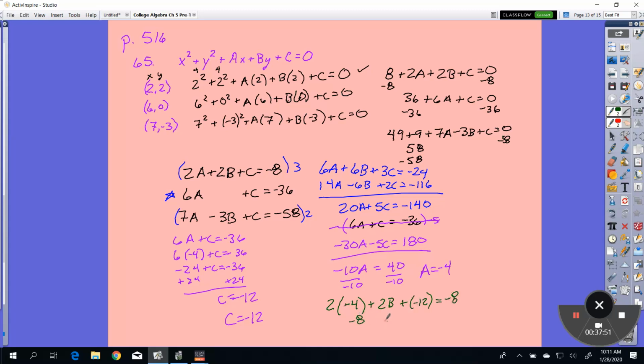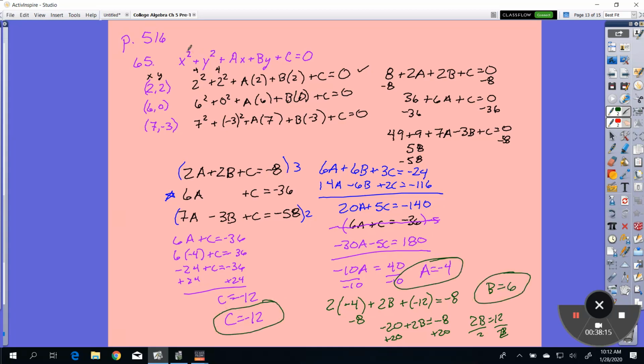Combine that with negative 12 makes negative 20 plus 2b equals negative 8. So now I add 20. 20 minus 8 is 12 divided by 2. Oops, divided by 2. And I get that b equals 6. So there's b, there's a, there's c.